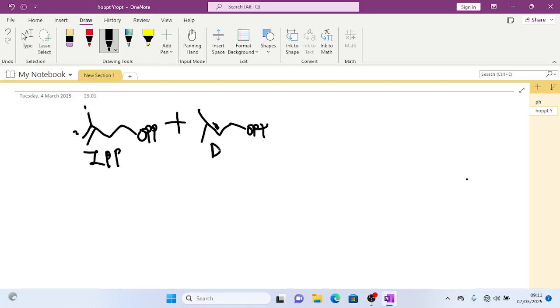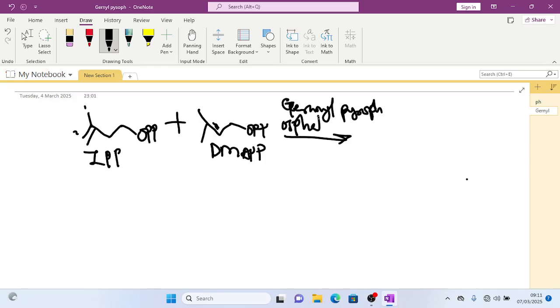This is our dimethyl allyl pyrophosphate. So the enzyme that catalyzes this kind of condensation addition reaction, if you will, because we want to form geranyl pyrophosphate, is geranyl pyrophosphate synthase.